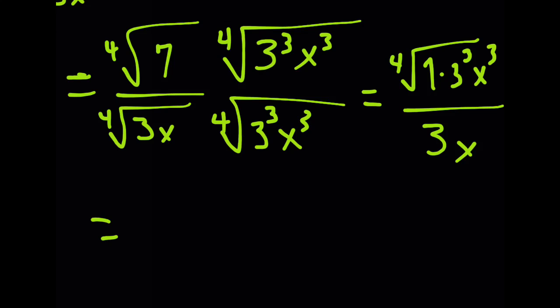Which on a multiple choice test, they're probably going to want you to multiply that out. That doesn't really look like a 7. 7, 3 to the 3rd, x to the 3rd. So that'd be 27 times 7, which is 189, I think.